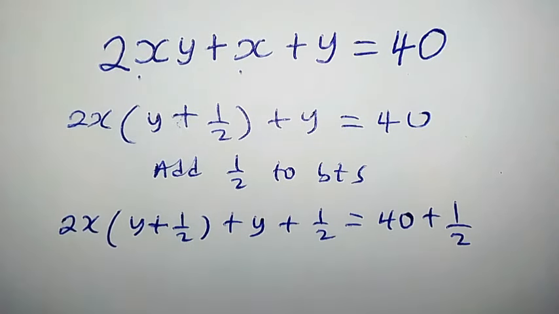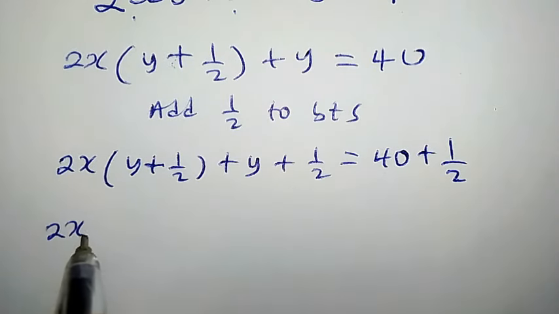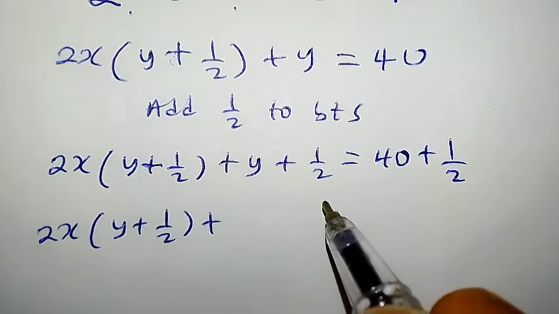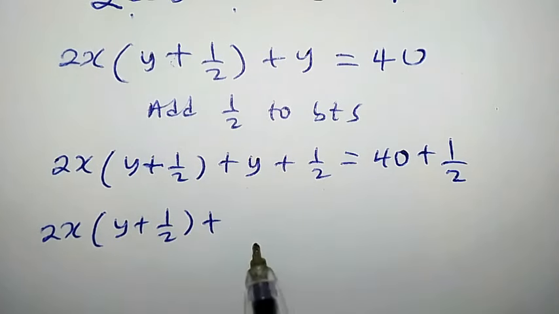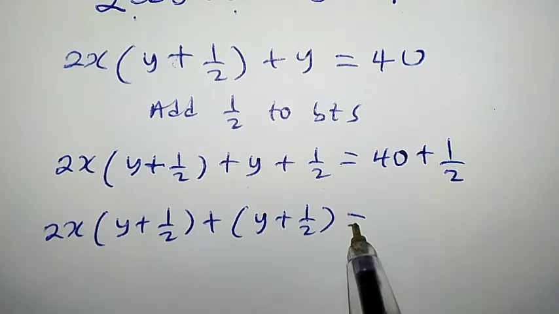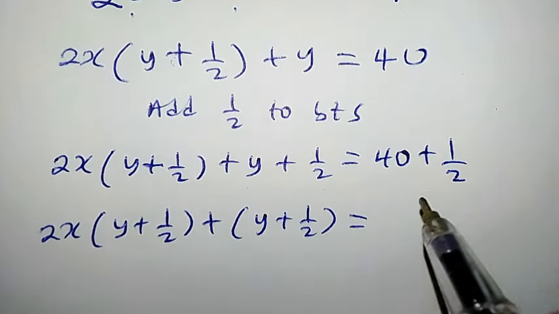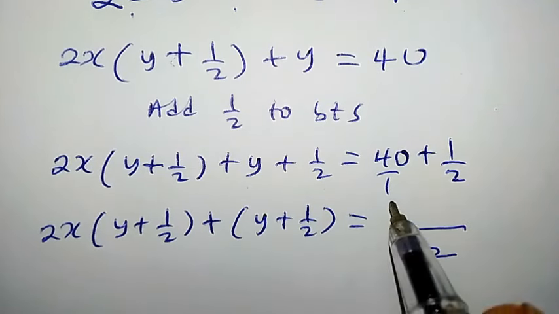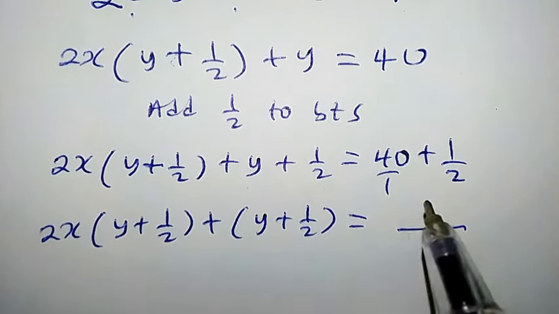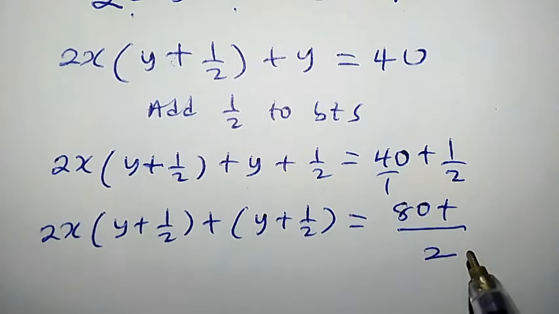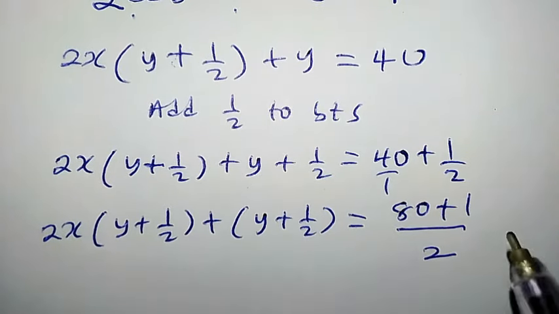So 2x times (y plus 1 over 2) plus, we can put these two terms in brackets, (y plus half), equal to, the LCM here is 2. So we have 2 at the denominator, 2 over 1, that is 2. 2 times 40 is 80, plus 2 over 2, that is 1. 1 times 1 is 1.